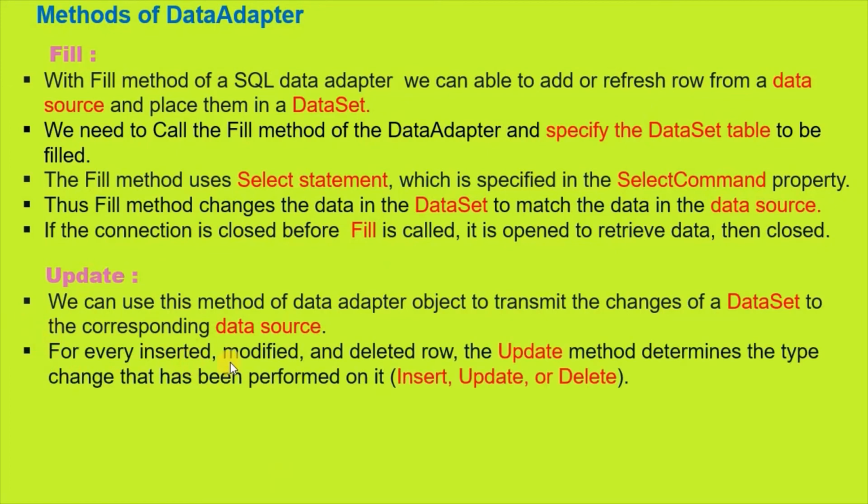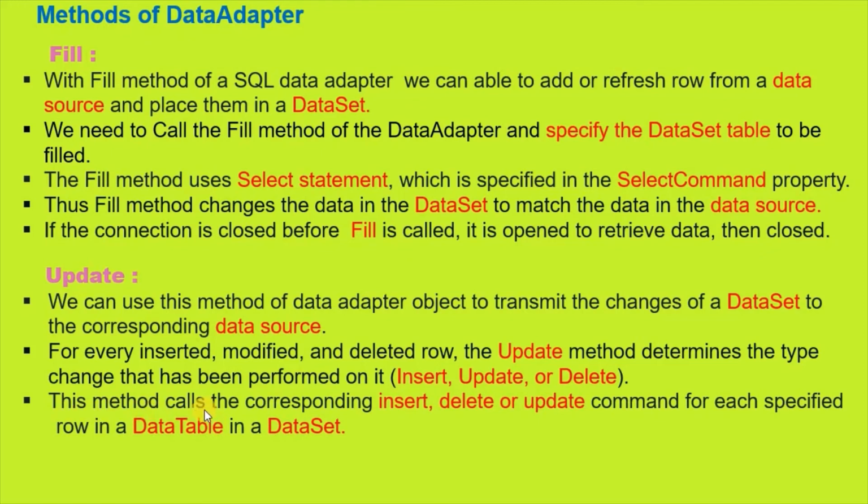For every inserted, modified, and deleted row, the update method determines the type of change that has been performed on it, that is insert, update, or delete. This method calls the corresponding insert, delete, or update command for each specified row in a data table in a data set.